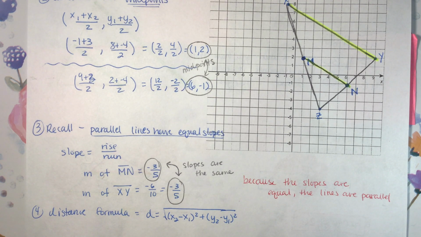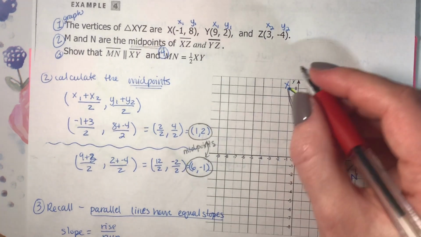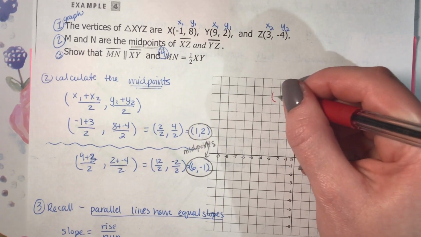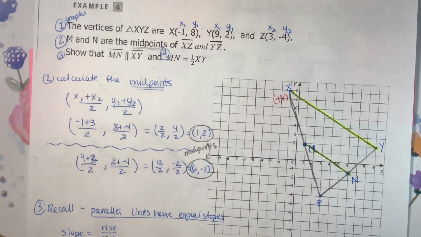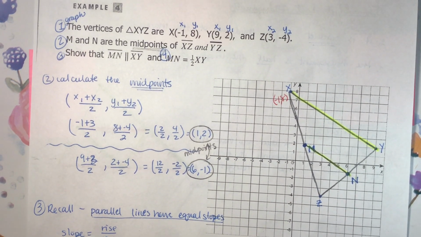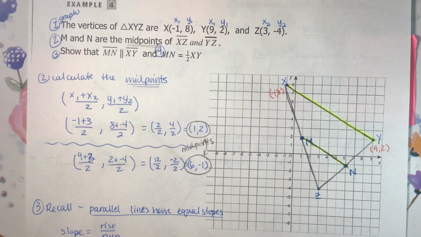So let's substitute in our values. Let's first find the distance from X to Y. So my coordinates, once again, are (-1, 8), and this one is (9, 2).